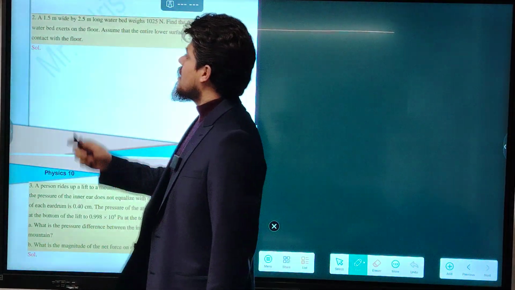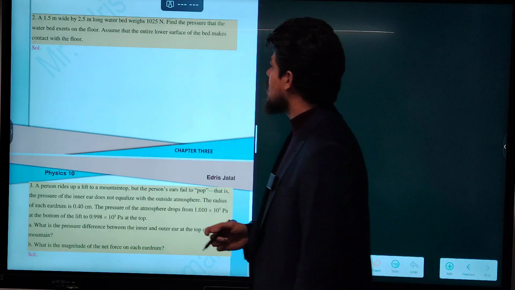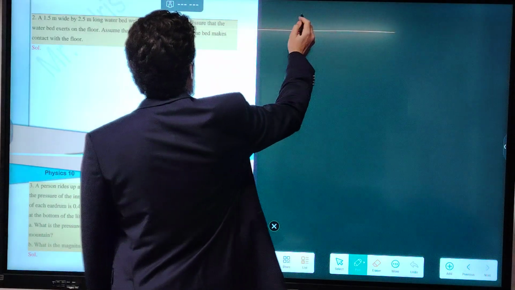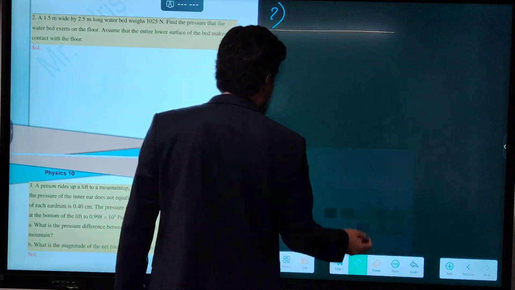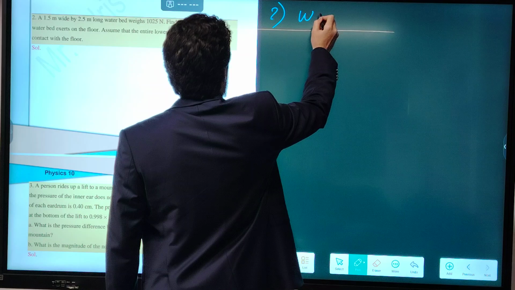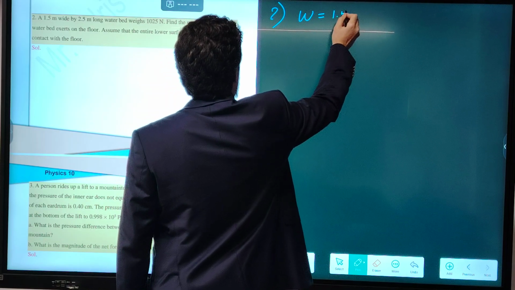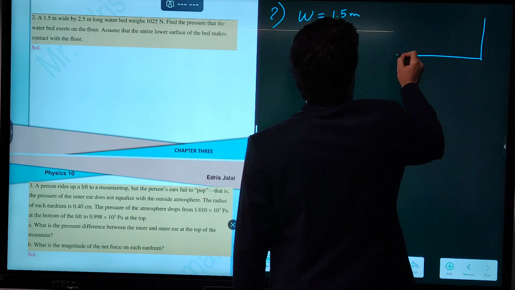Question 2 says, a 1.5 meter wide by 2.5 meter long waterbed. So the waterbed is 1.5 meter wide. So its width is equal to 1.5 meter. This is the width of the waterbed.